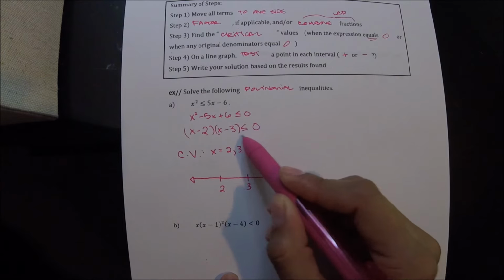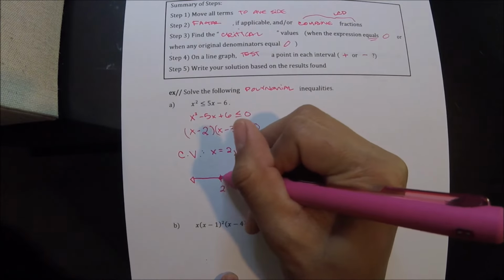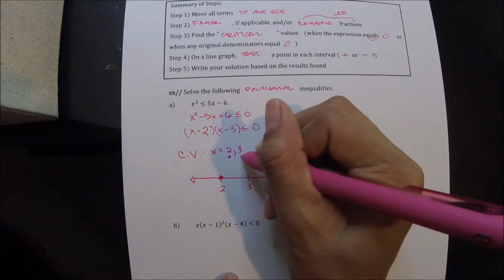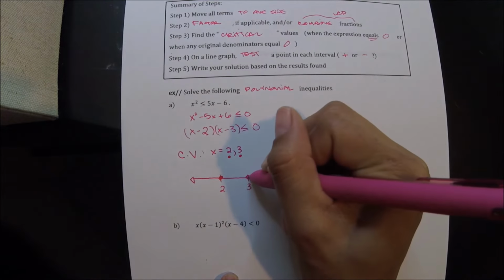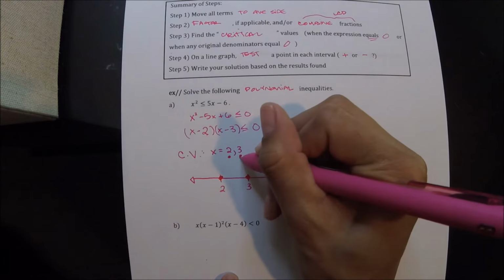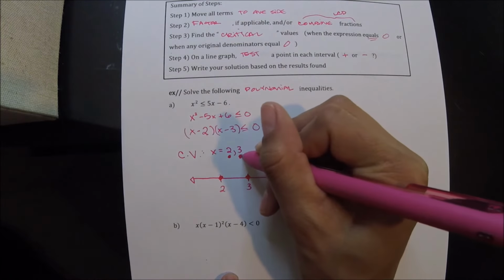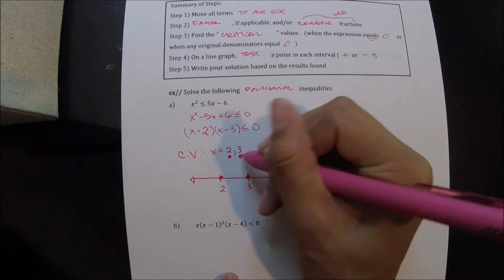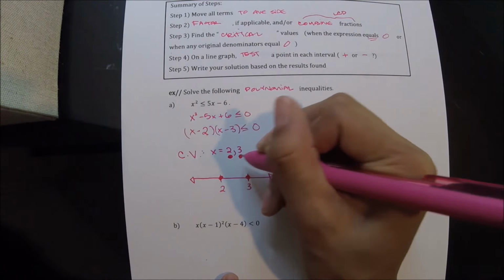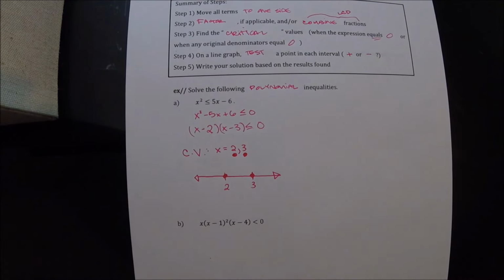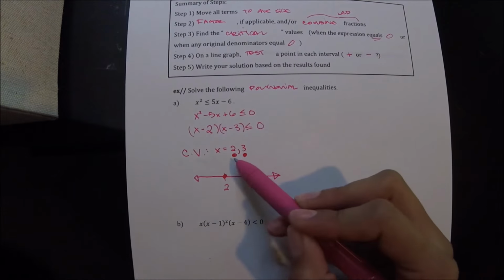So it can be 0, so we can include these: closed circles for both of these. And I'm going to always draw my little symbols for them down here because they won't always be closed and they won't always be open. Sometimes there'll be a mix as well. So I'm just going to draw my symbols to tell me which ones they are.